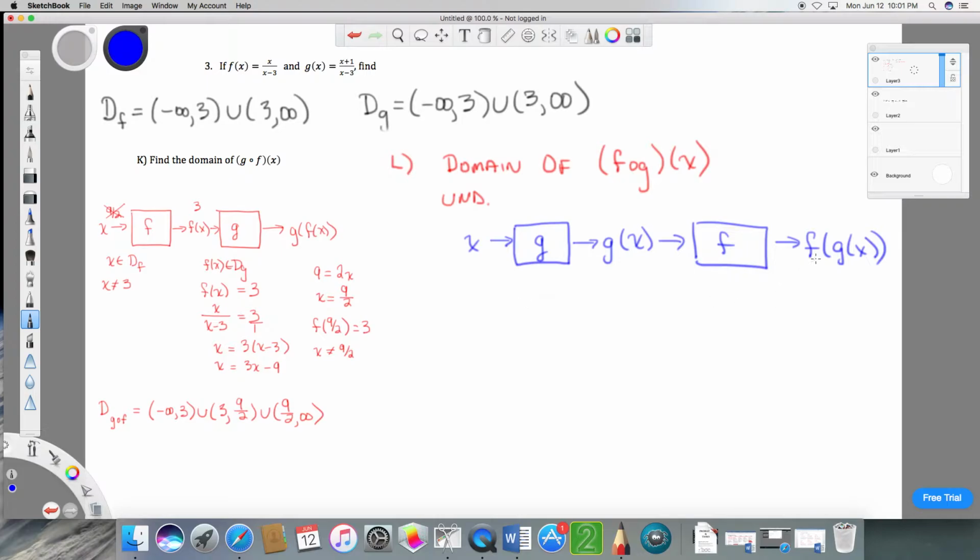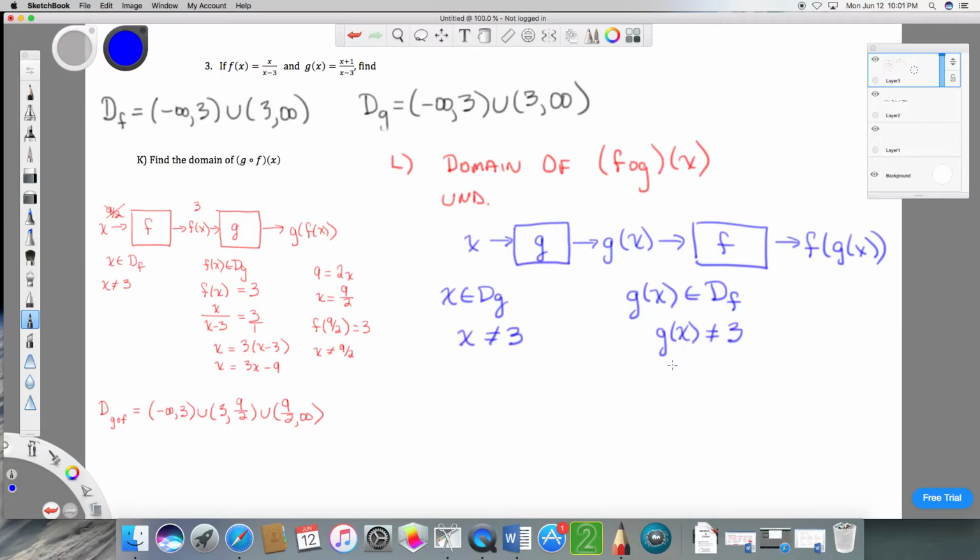So two things have to be true in order for an input into g to have an output out here of f. X has to be in the domain of g. So x can't be the number 3. And this g of x has to be in the domain of f, which means the output for g cannot be 3.